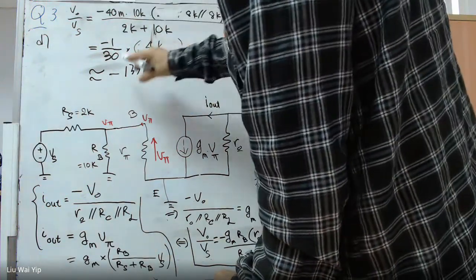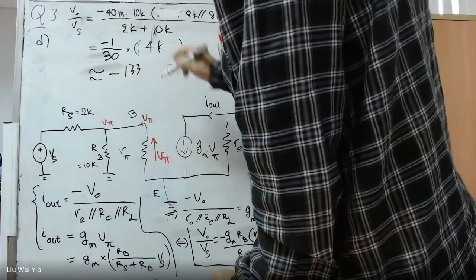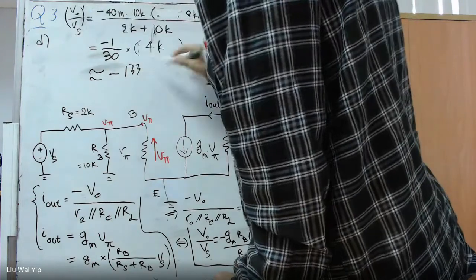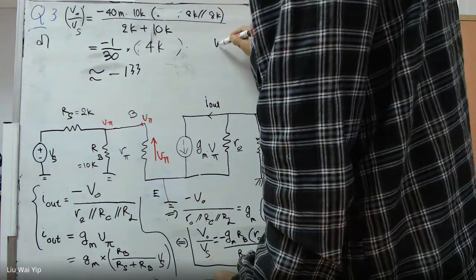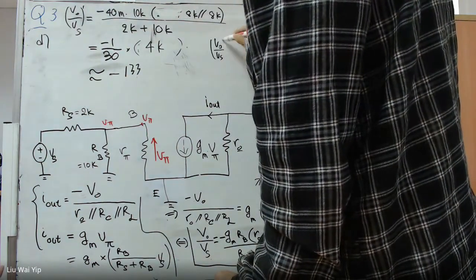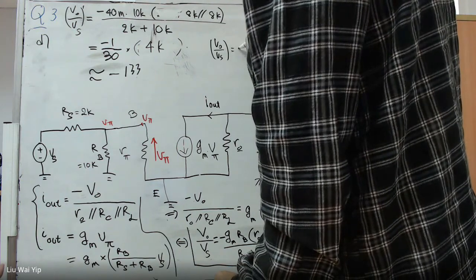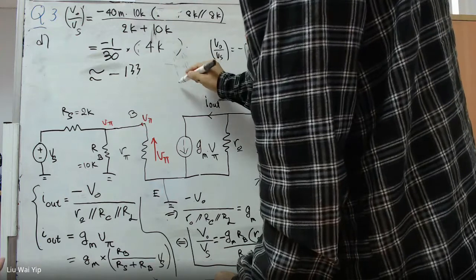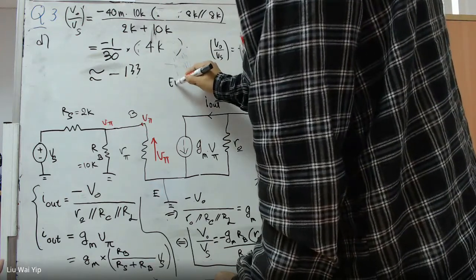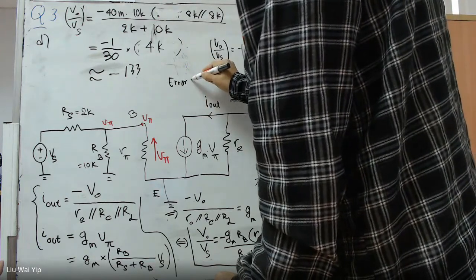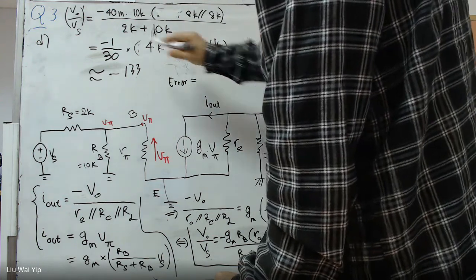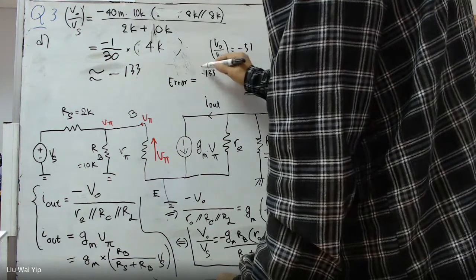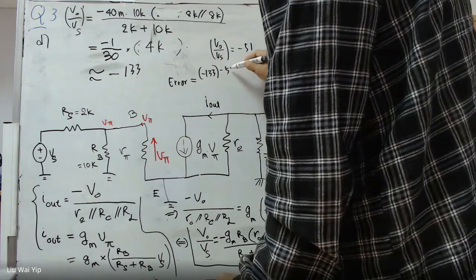This is the new one, and then the error. This is the dash, right? The original value that we get is minus 51. So we try the error is equal to this one.